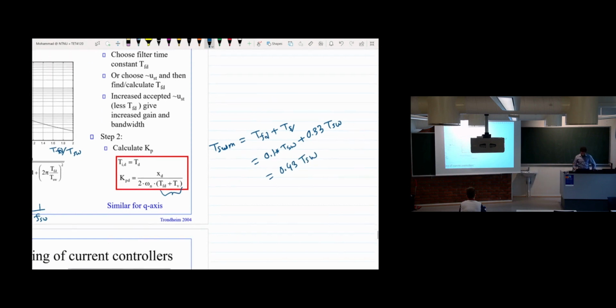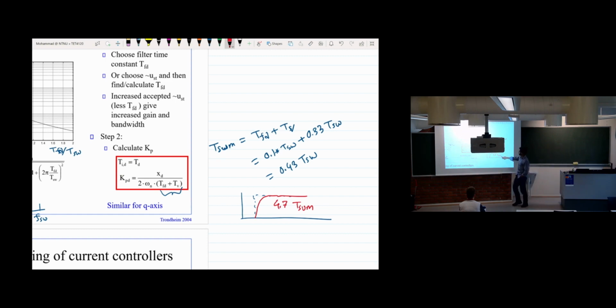And if you remember from before, if we set a reference like this, and how long it takes to reach this value, here the rise time is 4.7 times T sum.